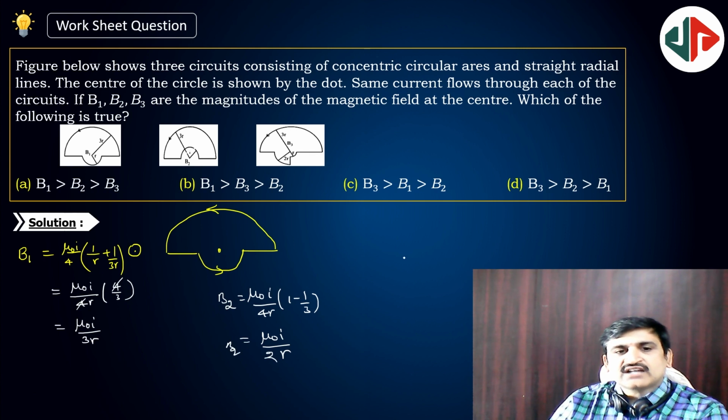B3. An R circle is there, a 2R circle is there, and a 3R circle is there. All are going to add up.